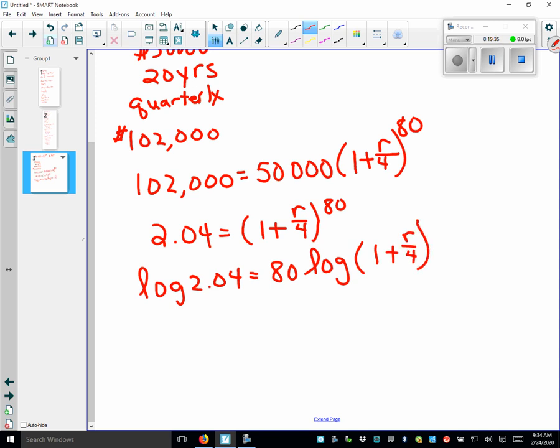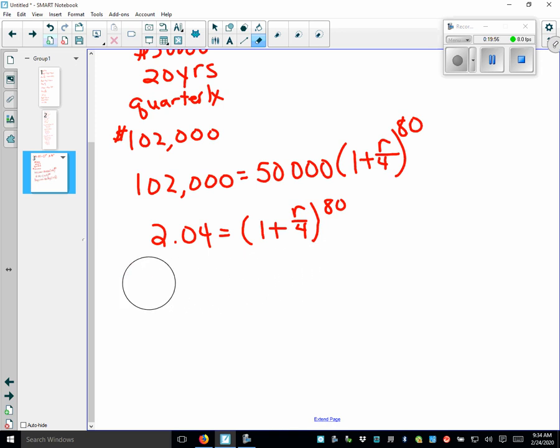Okay, now what? Divide by 80. I think that's going to make it harder. Cancel the log. That's correct. There it is.